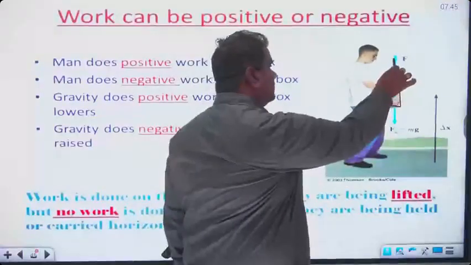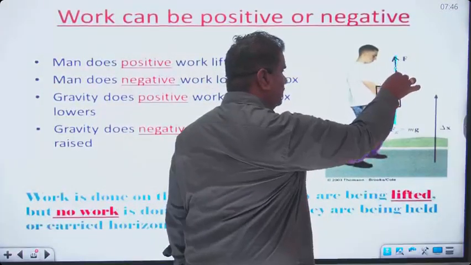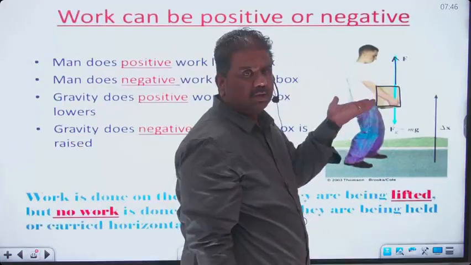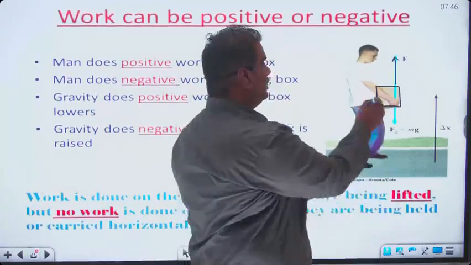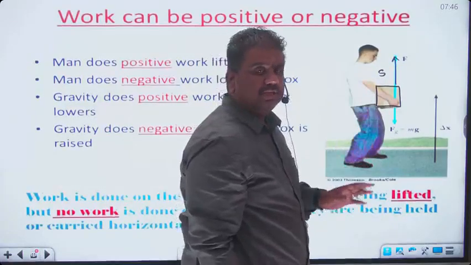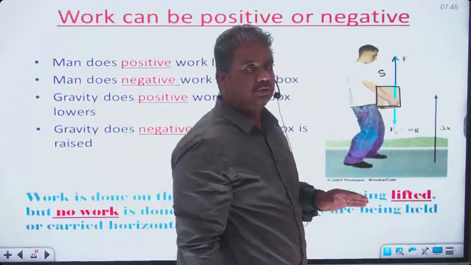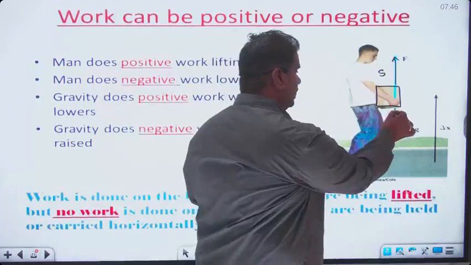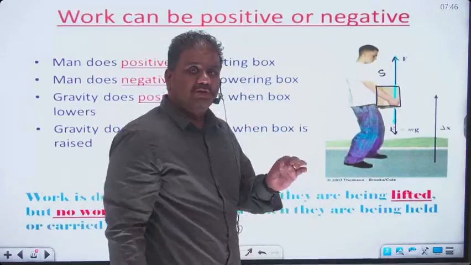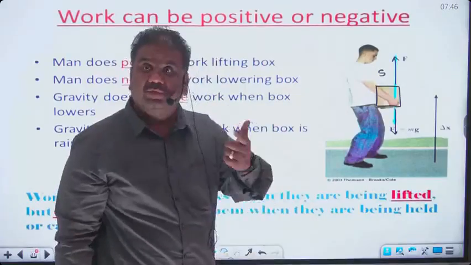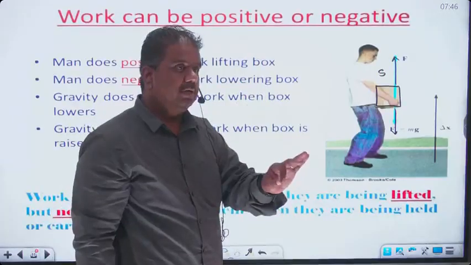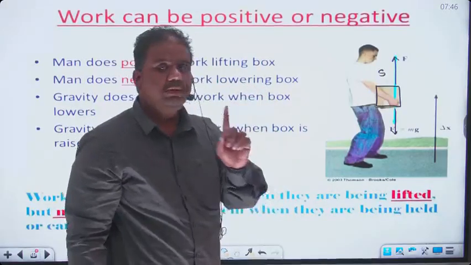So whenever the person is lifting the object in the upward direction, the displacement is in the upward direction. At the same time, the gravitational force is always in the downward direction. Now we state that whenever we are lifting an object, the work done by the person is positive or negative?